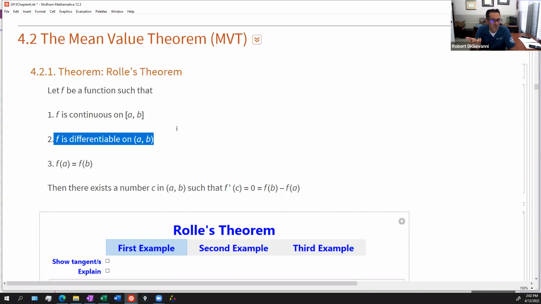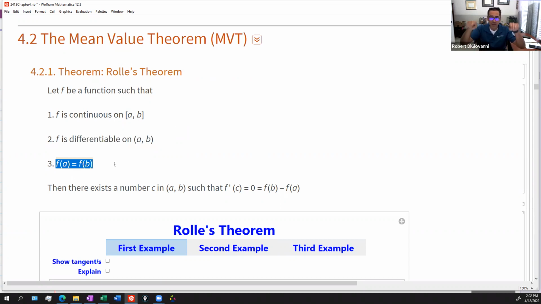Well, we kind of knew that because it was continuous, but more importantly, we don't have any corners or cusps or vertical tangents, right? So no cusp, corners, or vertical tangents. Also, the third condition is that the 2 endpoints have to have the same value. So the 2 ends have to be at the same height.